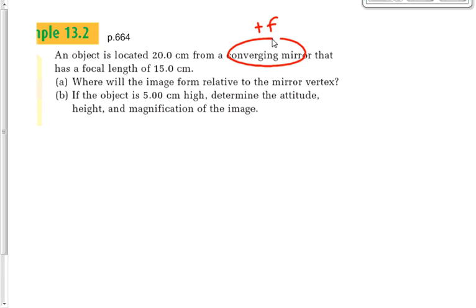We know that this distance right here, 20 centimeters, is going to be DO, because it says the object is located that far. This is going to be the focal length right here, 15 centimeters, and we already know it's positive because we established that right off the top. We want to find where the image is going to form. So in other words, we want to find DI. Oh, we also have HI.